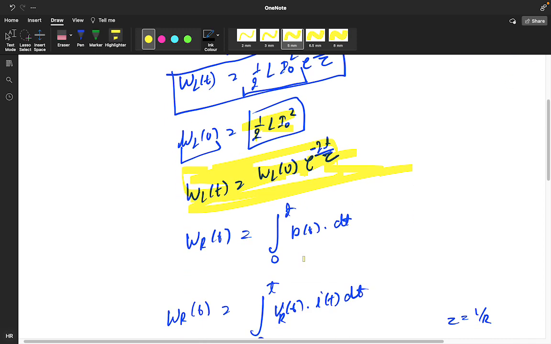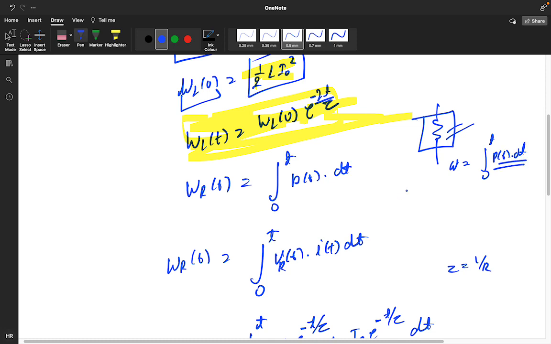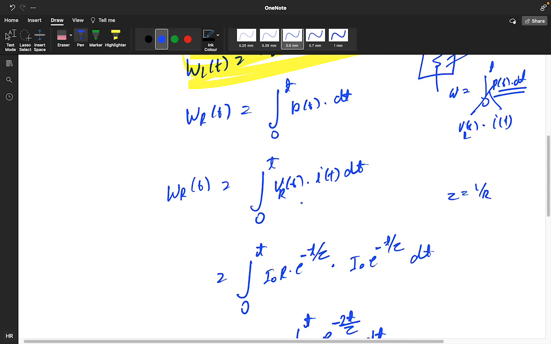Okay, now what is the energy of resistor? If you have a resistor, what will be the energy formula for resistor? W is nothing but the integral from 0 to t of P of t into dt. And what is P of t? P of t is the product of V of t into I of t. We are looking at the resistor, that's why I am writing VR of t, and the current I of t will be the same. So what is the value of VR of t we got?